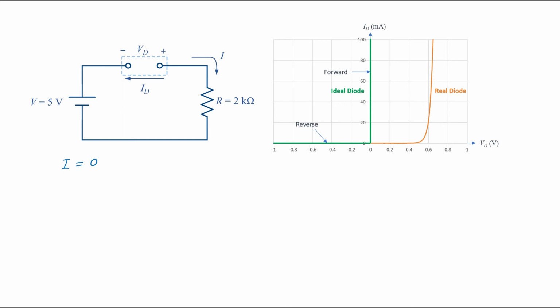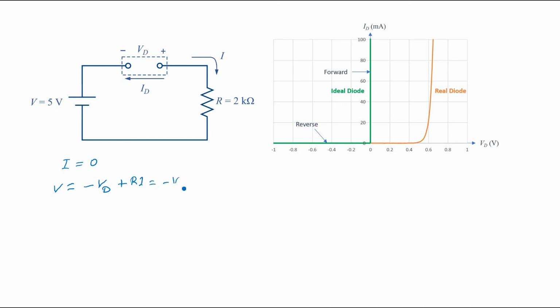What about the voltage across the diode? We can write a KVL equation in the loop. If we start from the left, V equals to minus VD plus R times I. And we know that the current is 0.